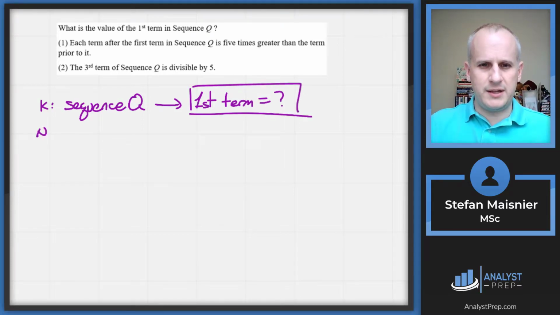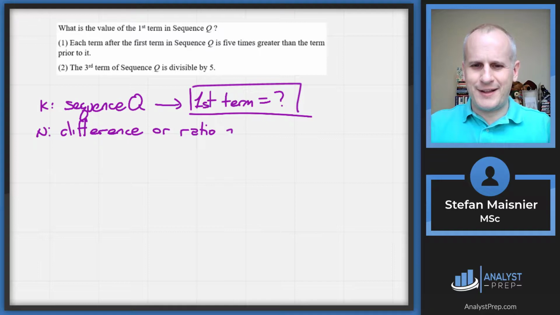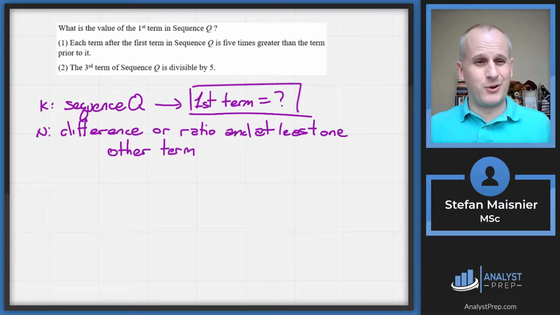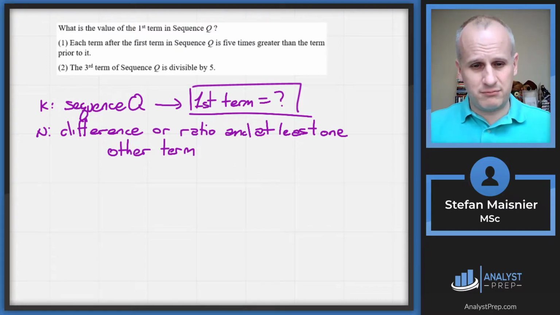So what we need is going to be the difference or ratio, and at least one other term. Because again, we don't know what the mechanism by which the sequence proceeds is at this point.